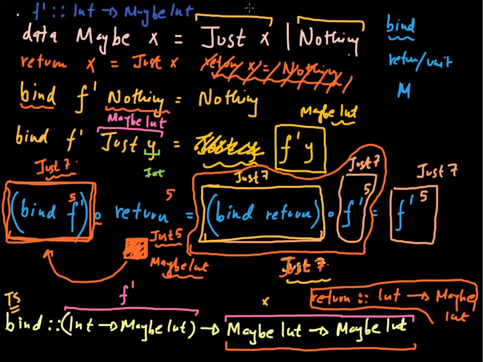But I can generalize this a little: let's say int to some m of int, where this m is the side effect that's happening, and the side effect in this case is the one captured by the maybe monad. So it could be an exception, or some kind of error that might be generated in our code.